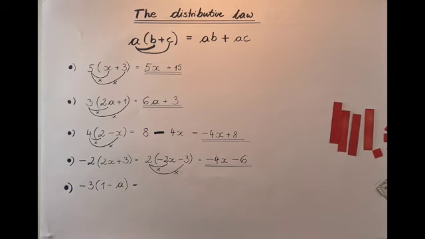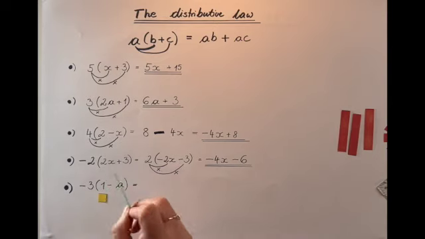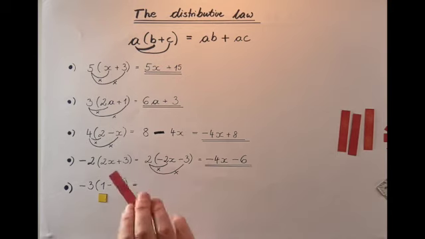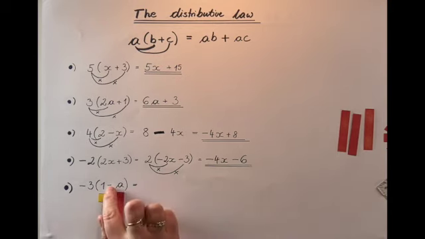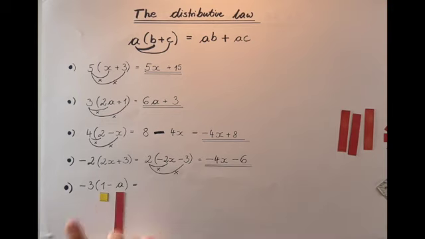Again, we're going to start out with our bracket. We have here 1 and we have negative a. I'm saying that this tile now, again, instead of our x, it is going to be our a. And this a is negative. And we said that in the first step, we are going to apply the negative to the whole bracket.